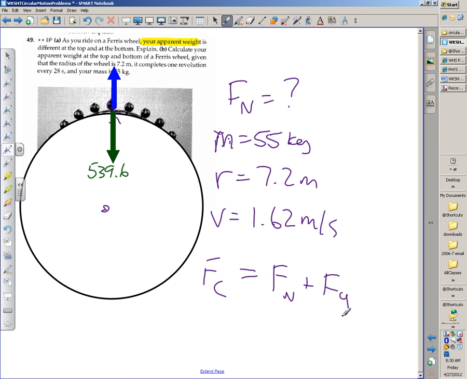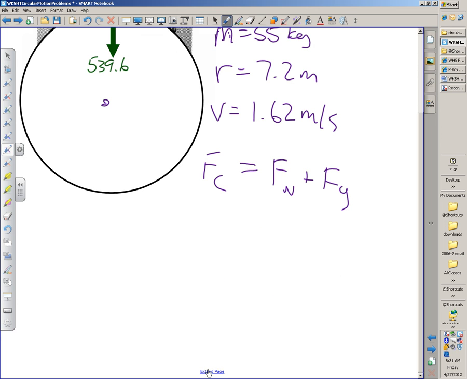But now let's apply it to the things that we just talked about in the last section, okay? Which way is F of G now pointing? Towards the center. So are we going to make it negative in this problem? No, because F of G is helping us in this problem. Okay? But which way is F of n pointing in this problem? It's pointing away from the center.